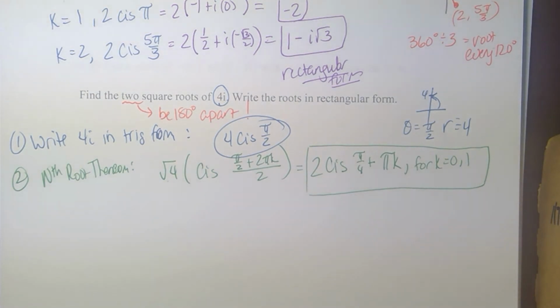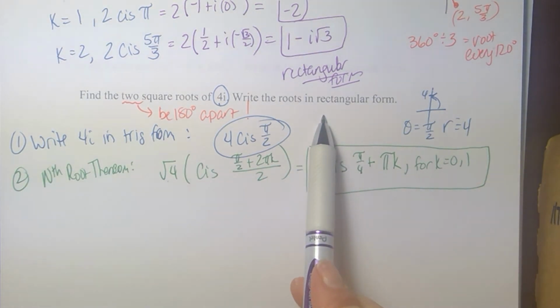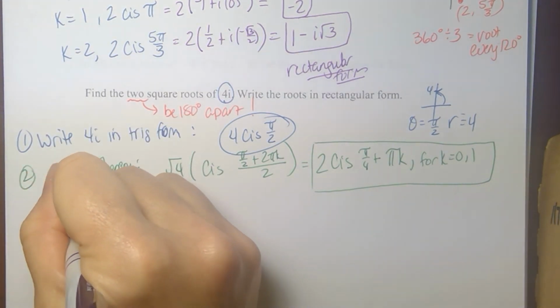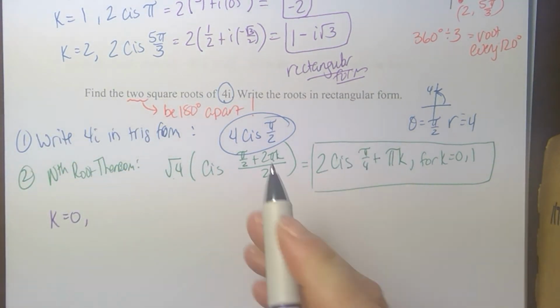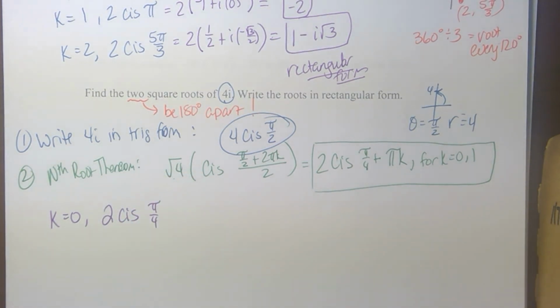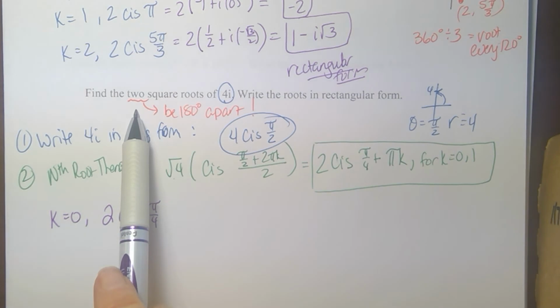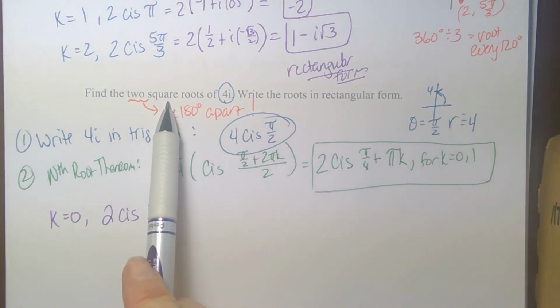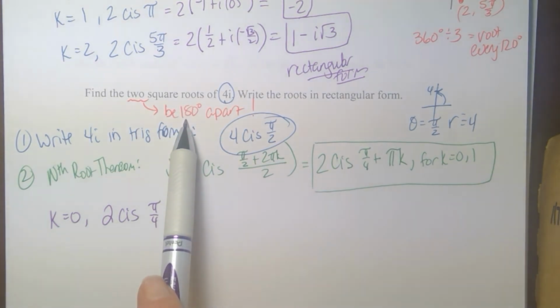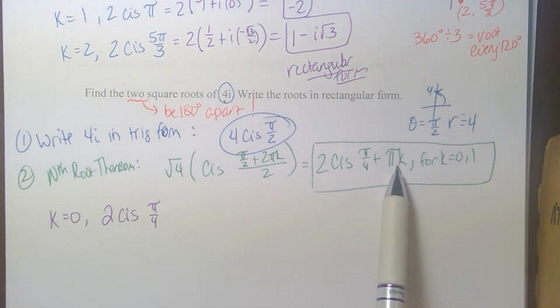All right, let's go back over and get the trig form that we're going to then need to put in rectangular form. So the trig form, where k is 0, I have just this, 2 cis pi fourth. Now we already said we've got 2 of them because we're finding square roots. If I were finding the 5th roots, I would have 5 of them. But I've just got 2 because they're square roots. They're evenly distributed around my circle, so they're going to be 180 degrees or pi radians apart.